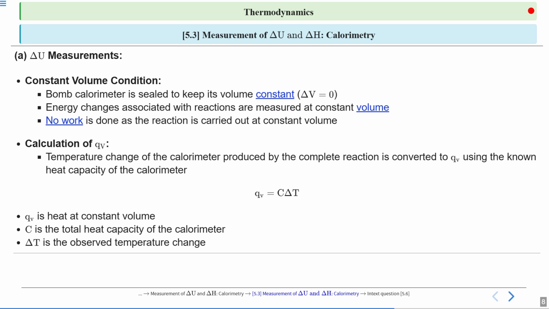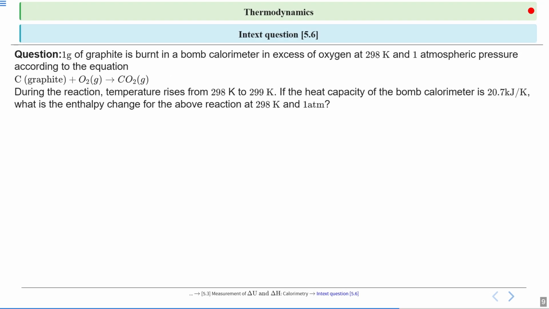Now from this, you can calculate your Q_V very well from the given experiment. Now the question arises that we were interested in the internal energy change. Did we get it? Let's see. The answer is yes, we got it. We got our internal energy change because we are doing the reaction at constant volume, and the heat change that we have calculated is the same.